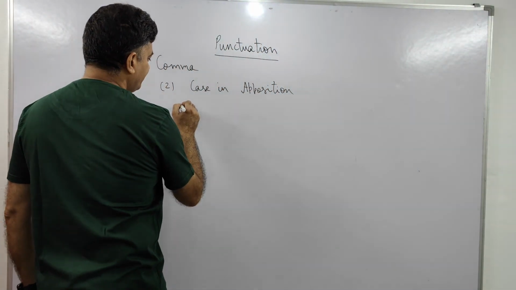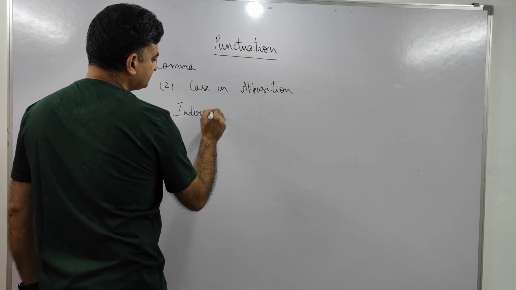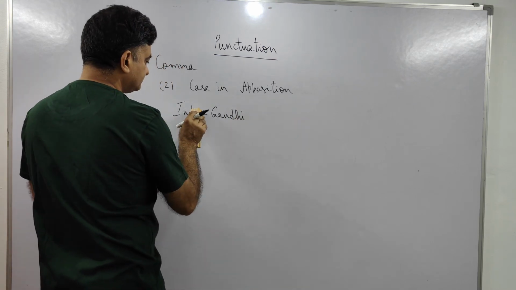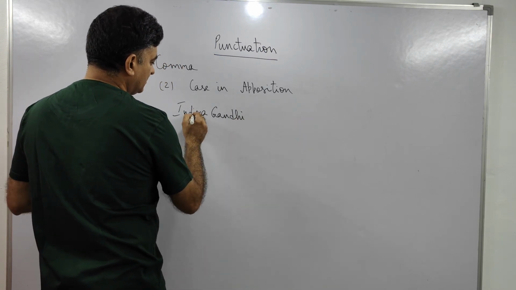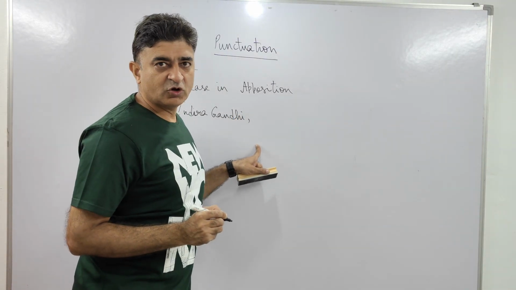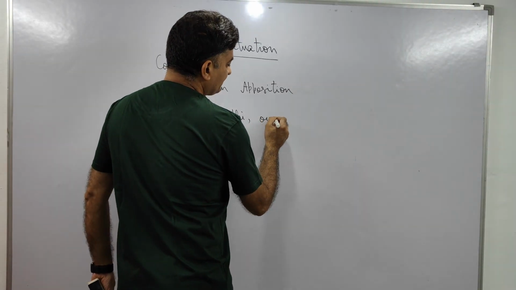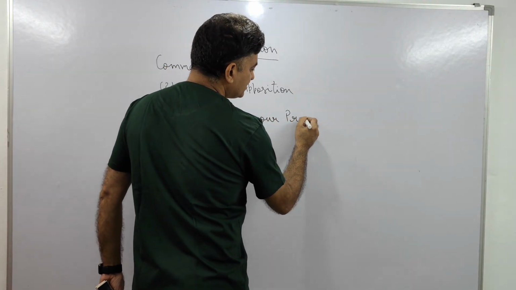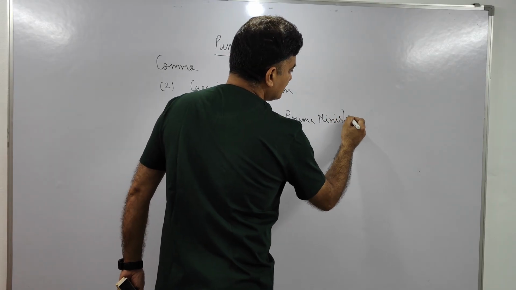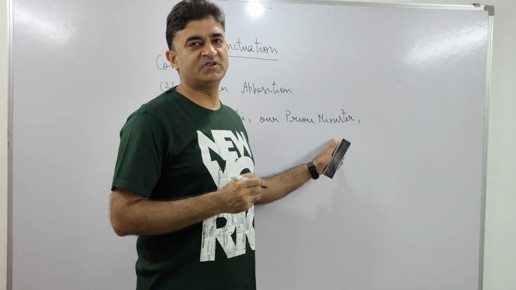For example, if we write Indira Gandhi, okay, now we mention the name. Whom we are calling? We are calling Indira Gandhi. Okay, who was she? Our Prime Minister, the old Prime Minister. She was the Prime Minister of India. Late Prime Minister of India, our Prime Minister. So we mentioned our Prime Minister.